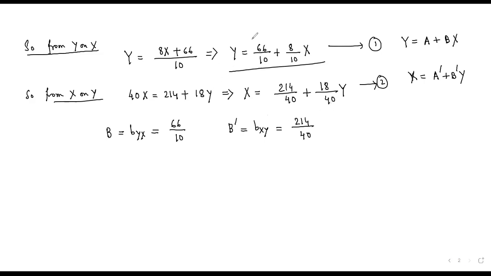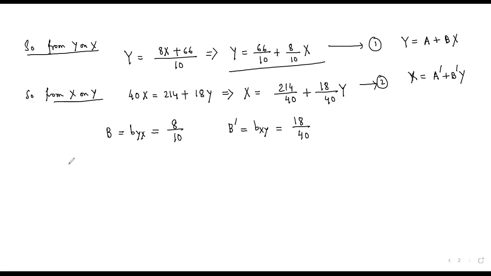No, sorry, one thing. 66 by 10 and 214 by 40 are not the regression coefficients. The coefficient of x is the regression coefficient. So the first regression coefficient will be 8 by 10, and the second regression coefficient is 18 by 40. Okay, now it is all right.